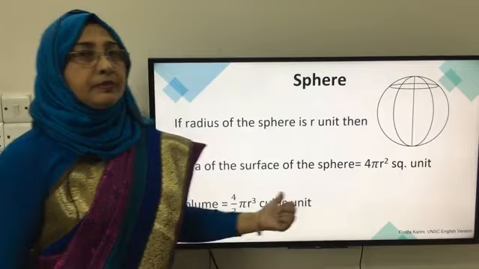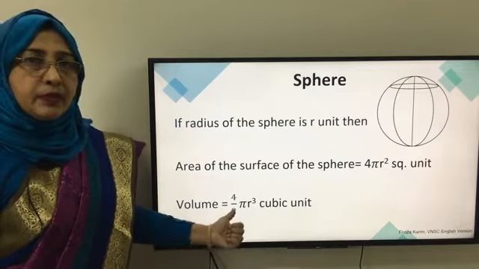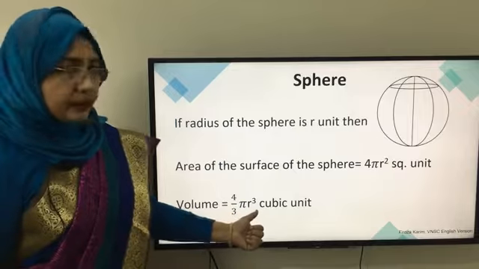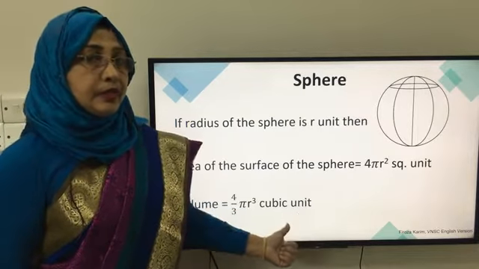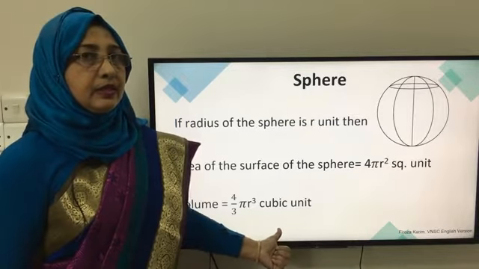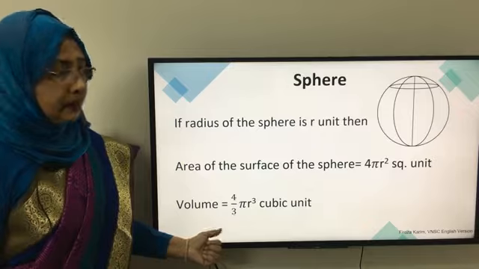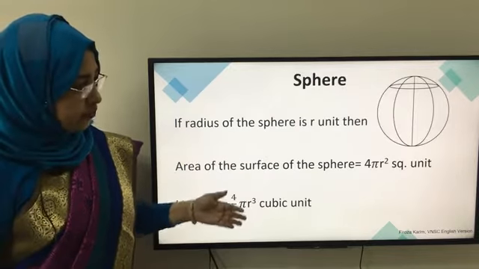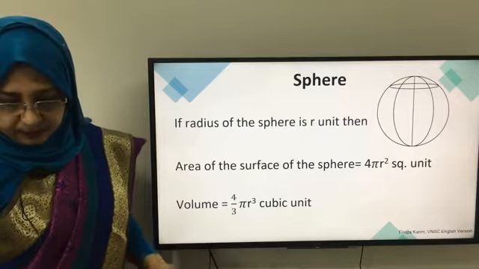And what about the volume? Volume of a sphere is 4 by 3 pi r cubed cubic unit. Definitely the unit should be cubic unit because this is volume. Okay, so these two formulas will be applied to this problem.